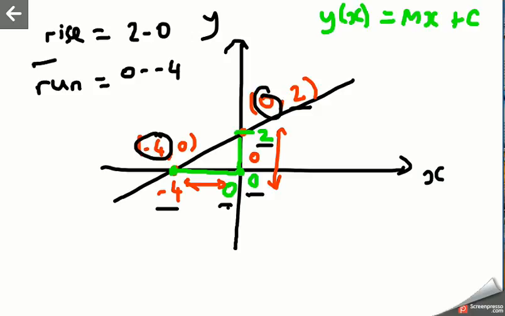And therefore, rise over run is equal to 2 minus 0 divided by 0 minus -4. And that's easy to calculate.